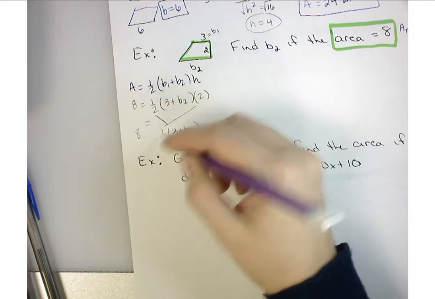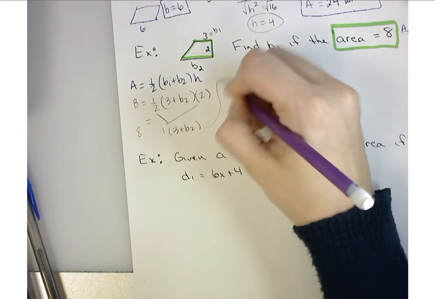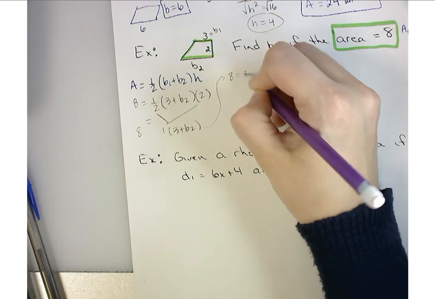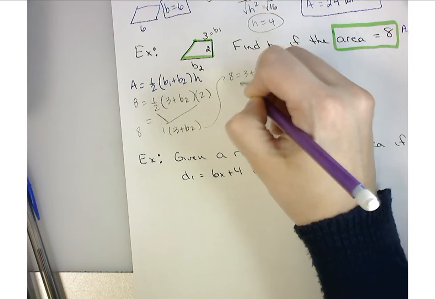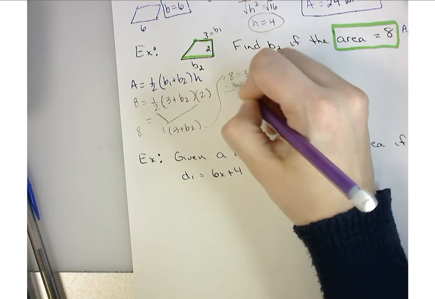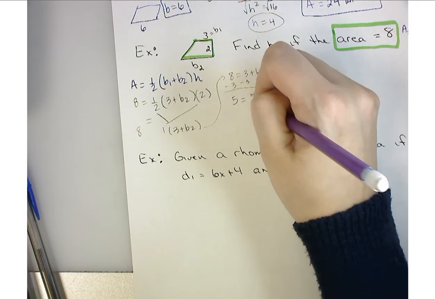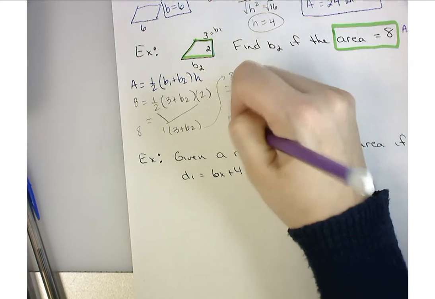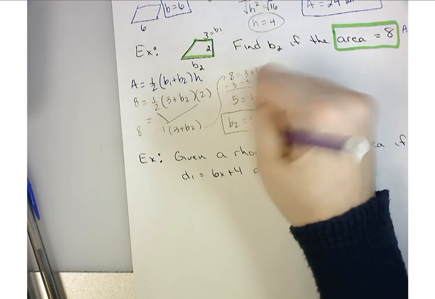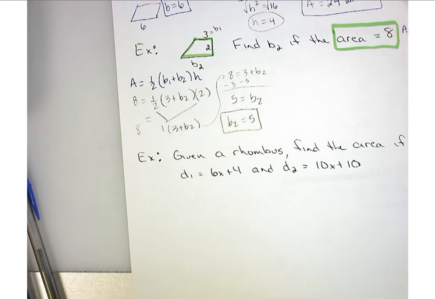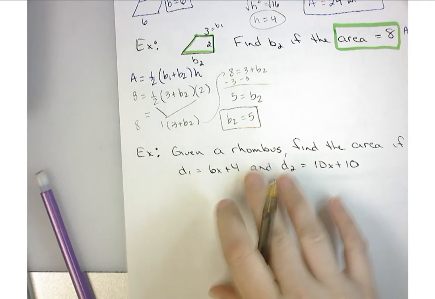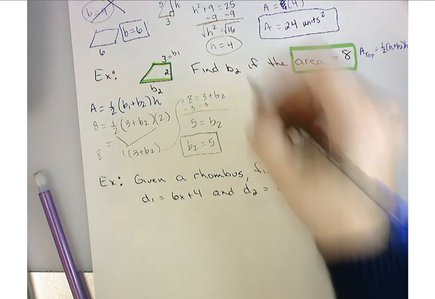And 1 times anything is just going to be itself. So 3 plus b sub 2. So then you'll subtract 3 from both sides. B sub 2 is going to be 5. Okay, now another way that you could do this is you could solve the equation.